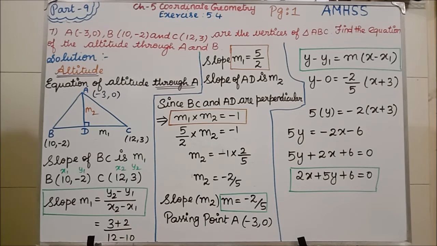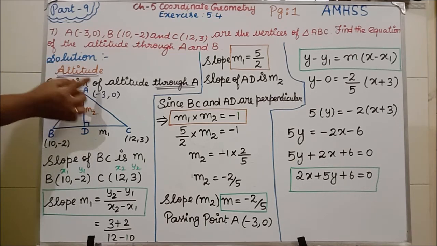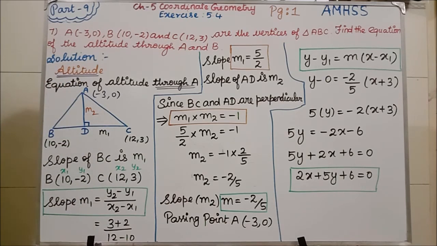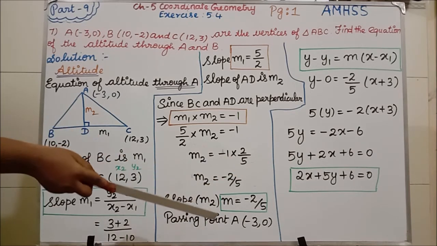Okay, now what do we have to find? The straight line equation we have to find. For that we have one vertex and we have the slope. In the fifth problem itself I told you, one slope, one point.